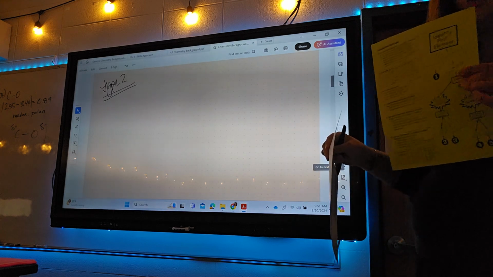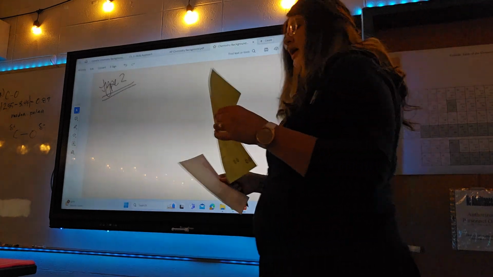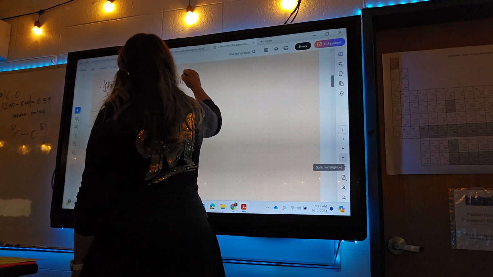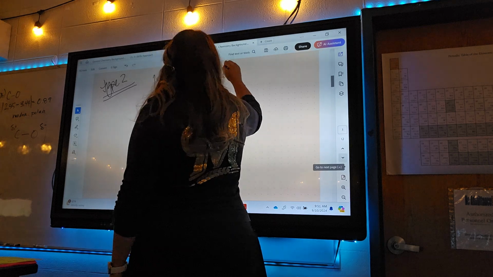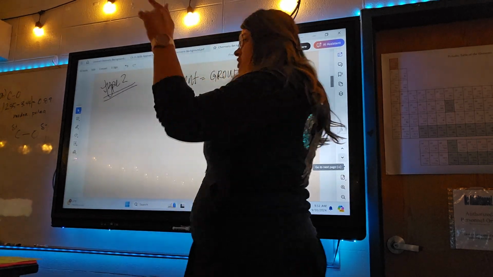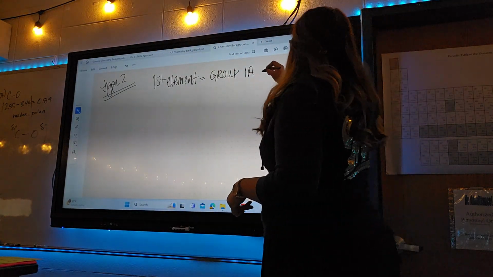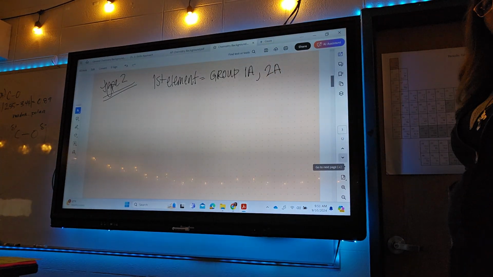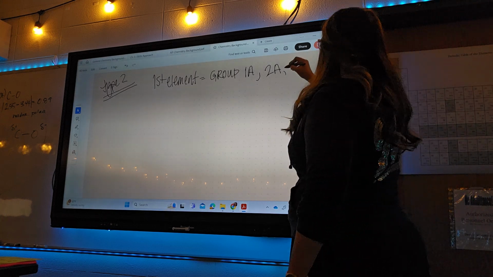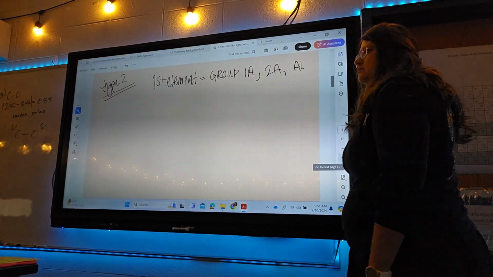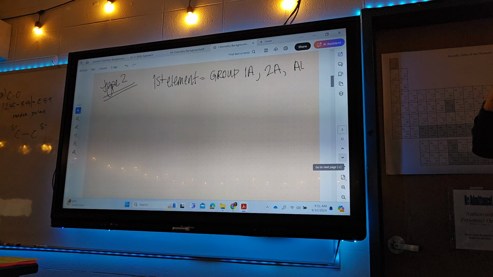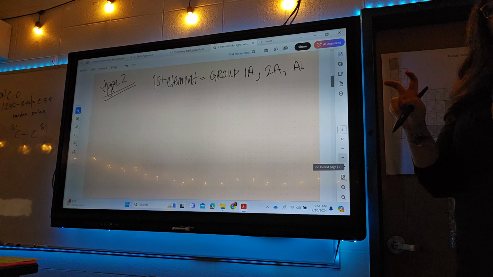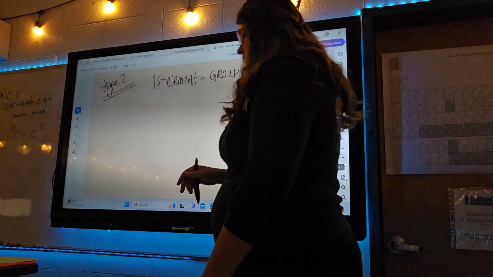Okay, so if your first element is in group 1A, so everyone hydrogen and down, group 2A, so beryllium and down, or if you're the random element aluminum, there are 2 different types of compound you could be.